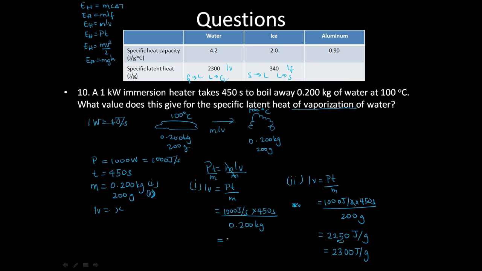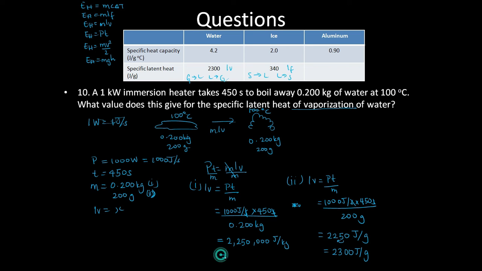And then this one will give us a very large number, 2,250,000 joules per kilogram, because the seconds will cancel out, right?